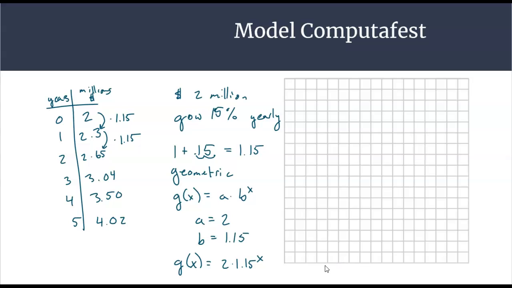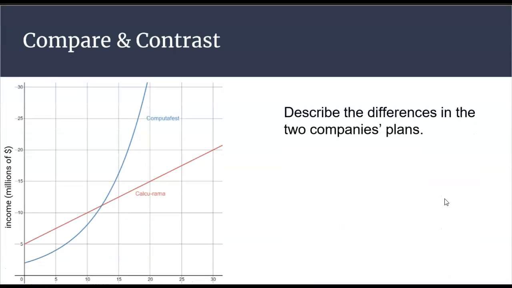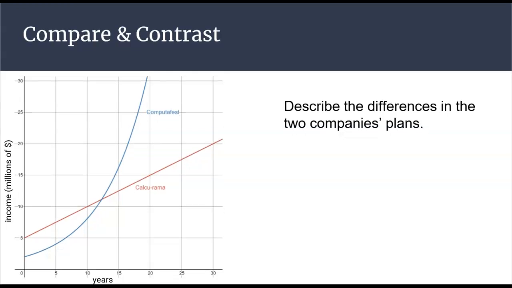We can put this in Desmos again, and it will show an exponential function. Looks a little bit like that, a curve. So this is our graphs in Desmos. I just took a picture of them. Let's describe the differences in the two companies' plans. What do you notice here?